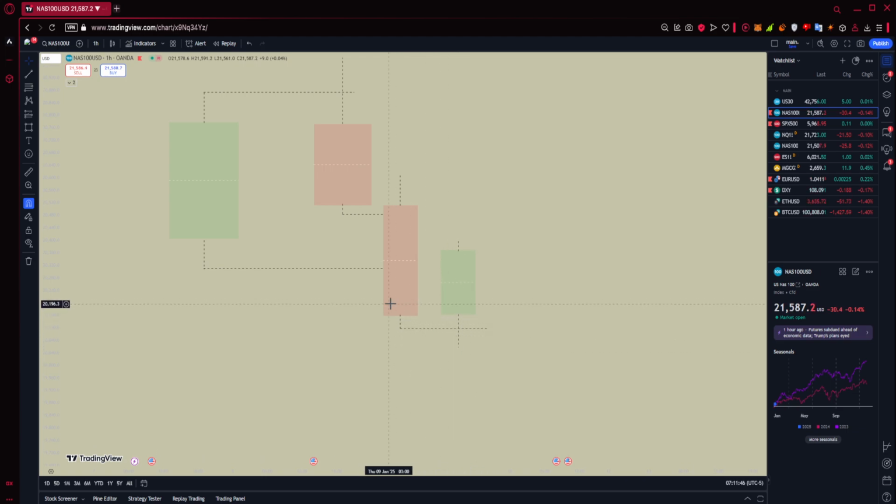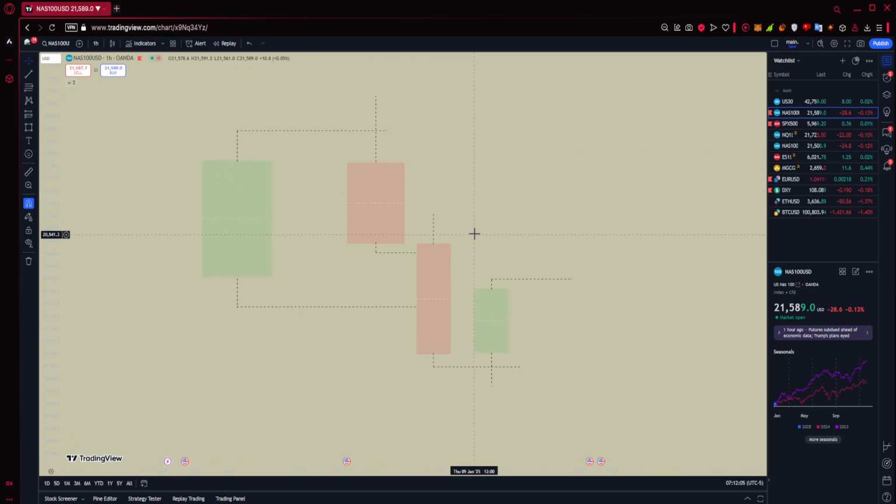Therefore, price is not weak enough to close below here. It lacks bearish strength. So our next drawn liquidity becomes this right there. Now, this is the entire idea behind this.